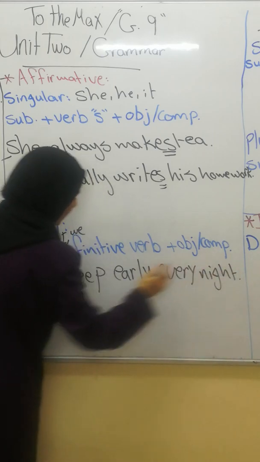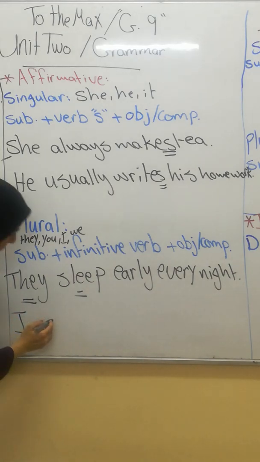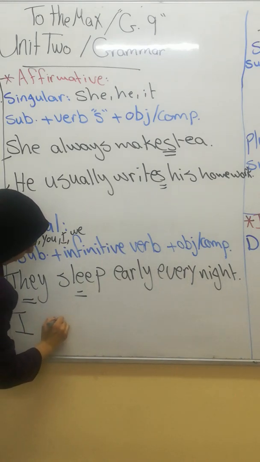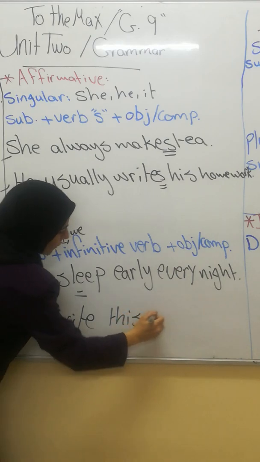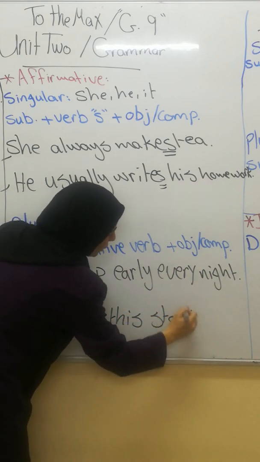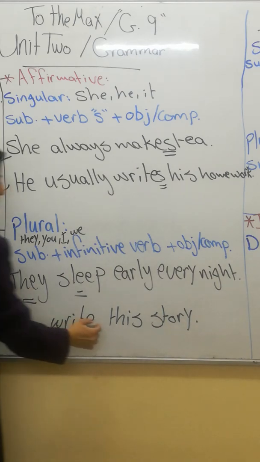As you can see here, we have plural subject and we have infinitive verb after that. Another example, I write this story. So in here we have the I as a subject, we have infinitive verb, and we complete the sentence with an object.